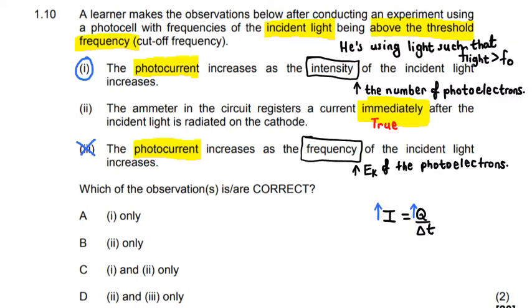There is absolutely no time delay so long as the incident light has a frequency greater than the threshold frequency; your electrons are emitted almost immediately. So statement number 2 is also correct. Our two correct statements are number 1 and number 2, which means that our answer is going to be C. Option C is going to be correct. Cool.